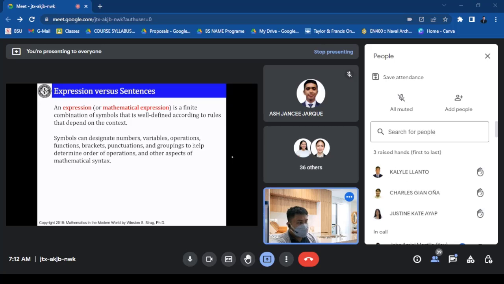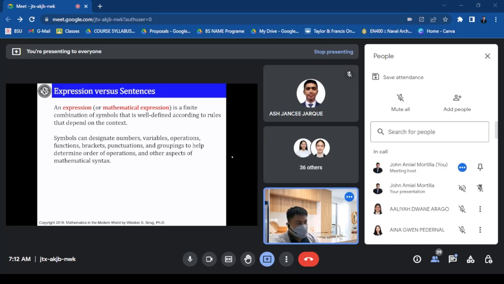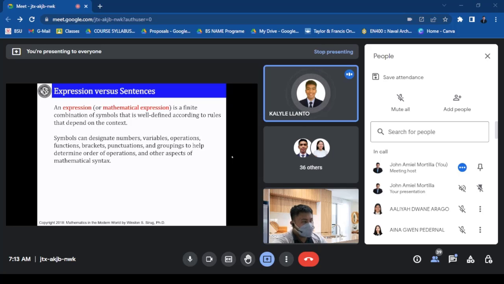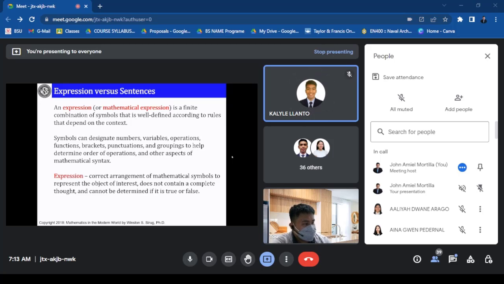Okay, Khalil. Symbols can designate numbers, variables, operation functions, brackets, punctuations, and groupings to help determine order of operations, and other aspects of mathematical syntax.